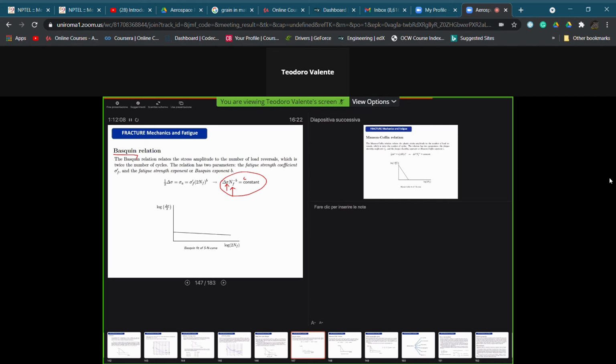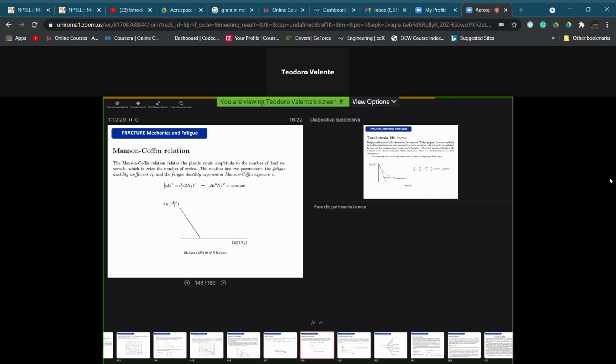So we can use for HCF fatigue, for example, a macro equation like this one, if we know the value of the Basquin coefficient and the value of this constant.